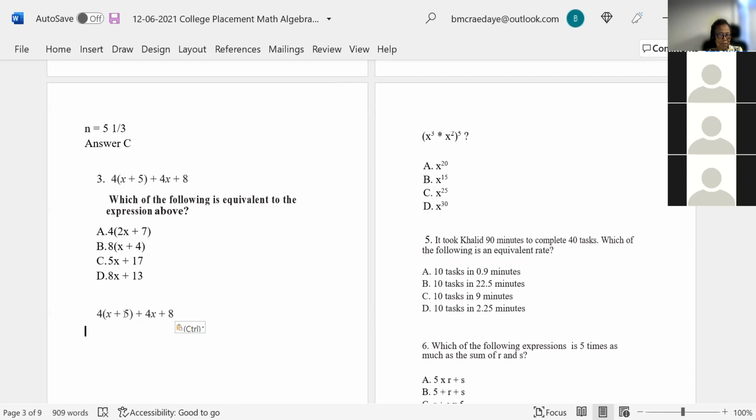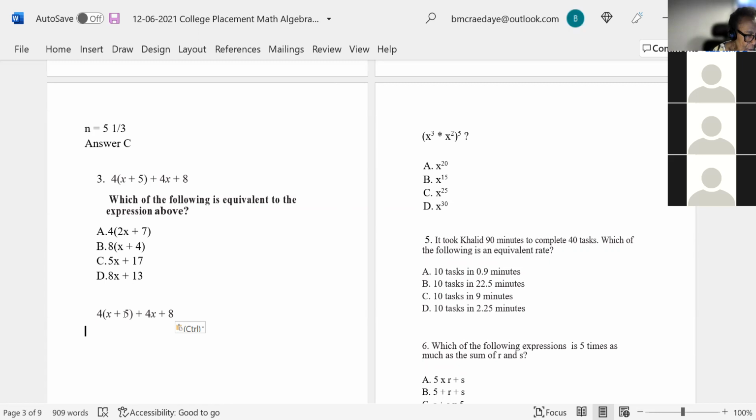Do parentheses first. Alva, you're back. Yes. Alva, write 4. Write the number 4, left paren, and put x plus 5.